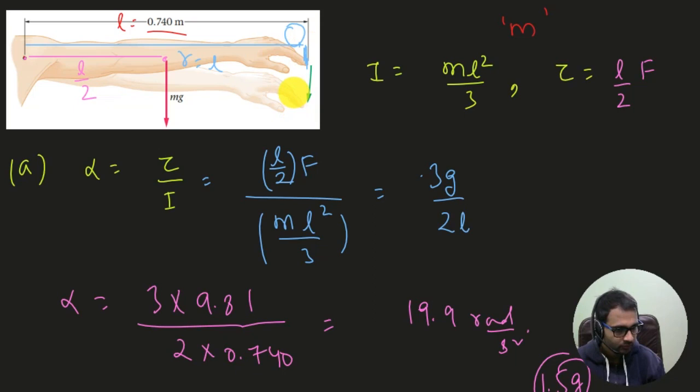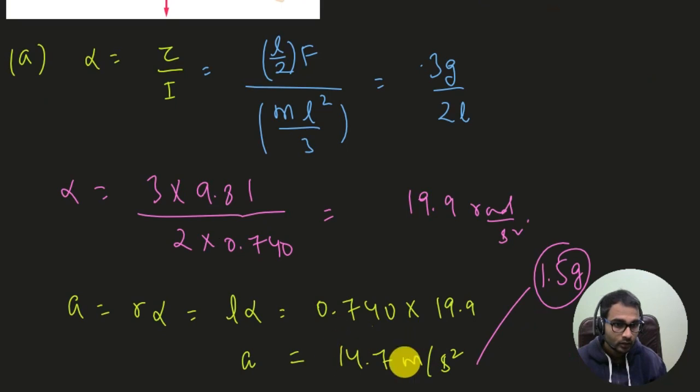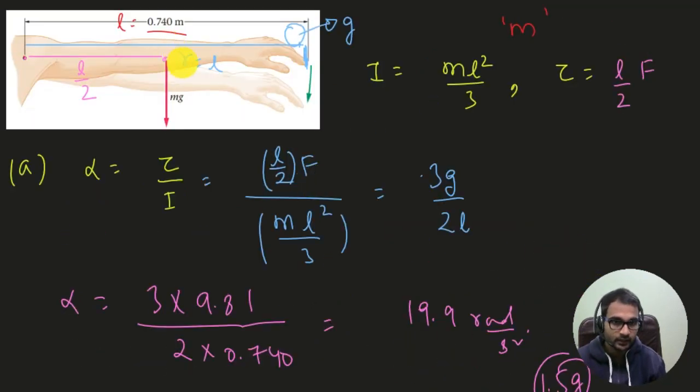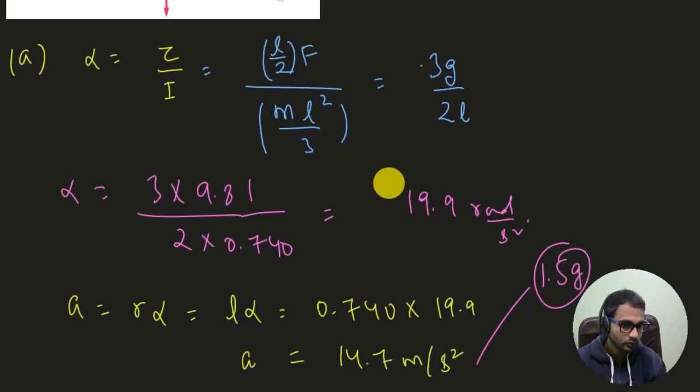You'll observe that your hand falls with a greater speed as compared to the ball, because the acceleration for the ball would be the acceleration of gravity, but the acceleration for your hand would be 1.5 times the value of g, given that the length is 0.740 meter.